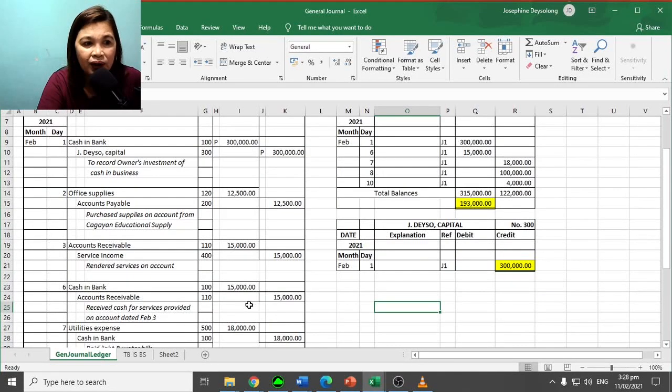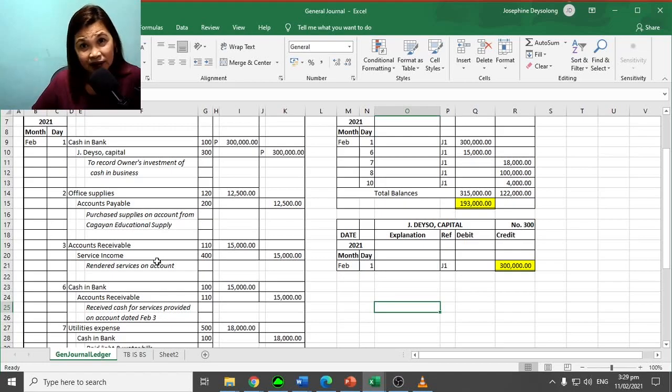Next, for number 3 transaction, for example, I rendered services on account for my entrepreneurial skill. I have rendered services on account.